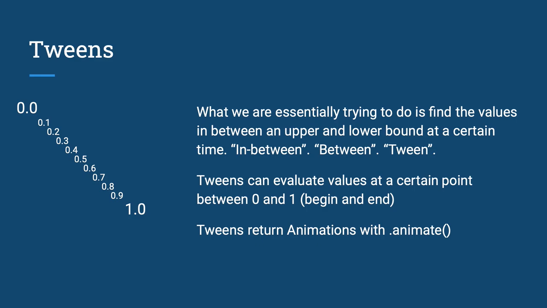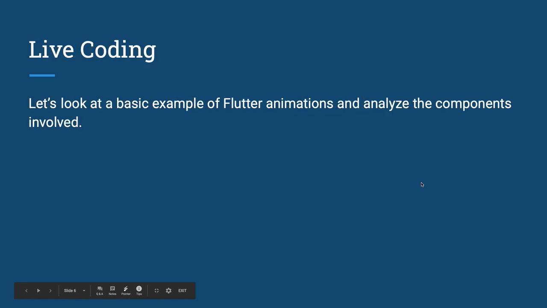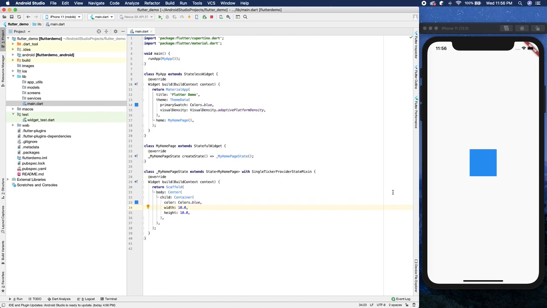So essentially, we want to have a gradual change in a value to display on the screen. So for now we have two concepts: a tween and an animation. So let's try creating a very basic animation, to change the size of a square, for example.